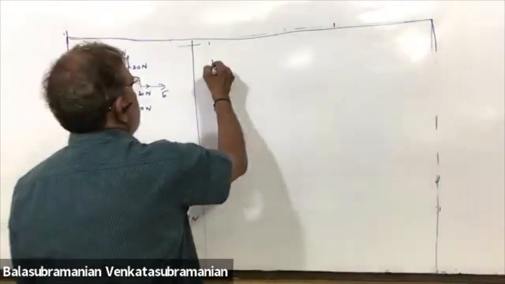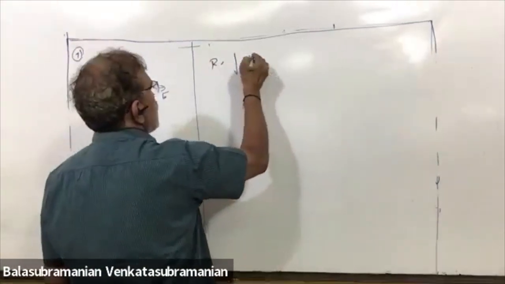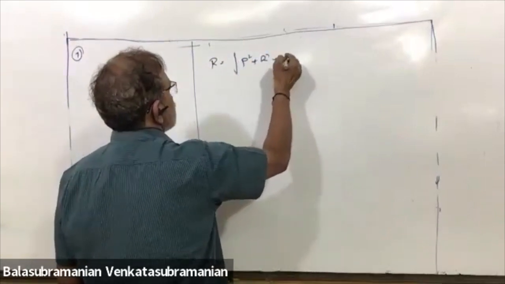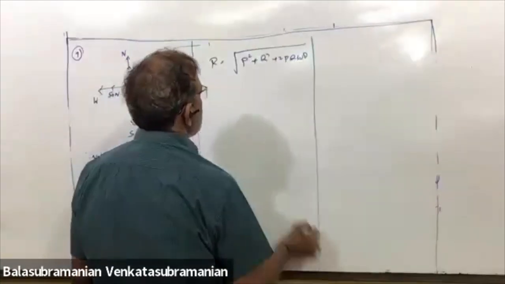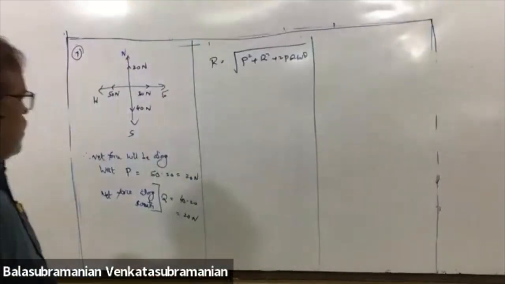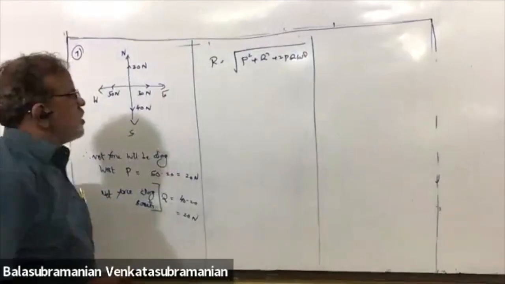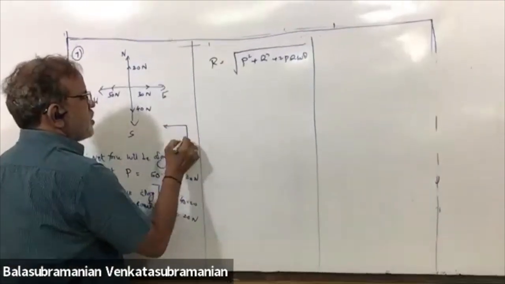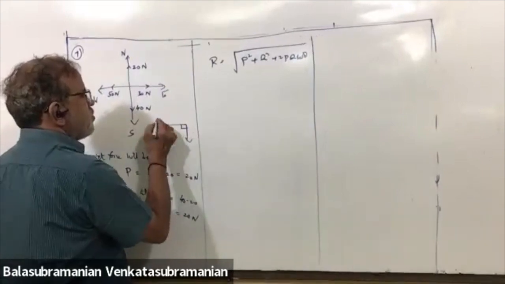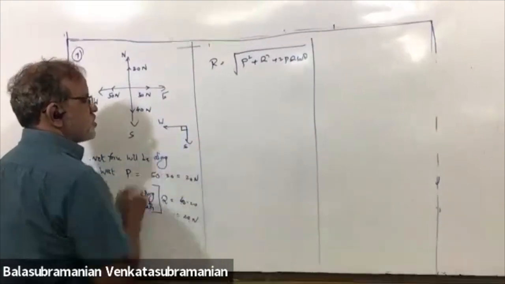So resultant R is equal to root of P square plus Q square plus 2PQ cos theta. This is the resultant, with a 90-degree angle between west and south.